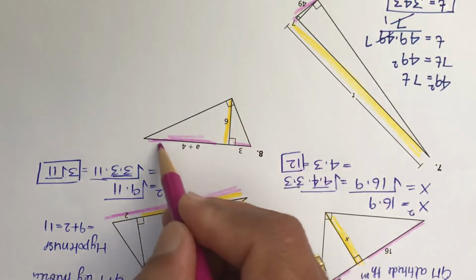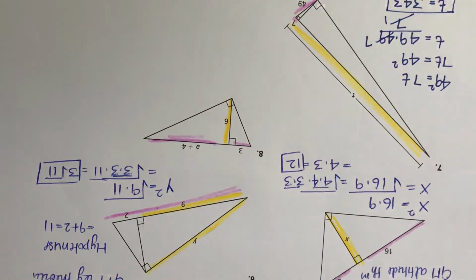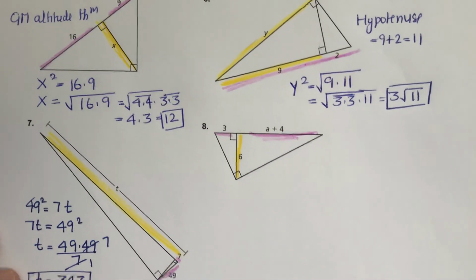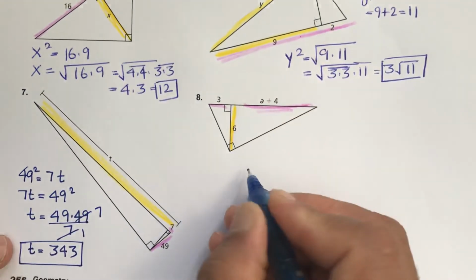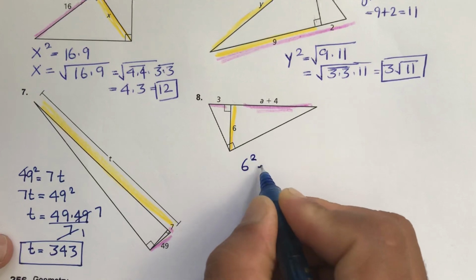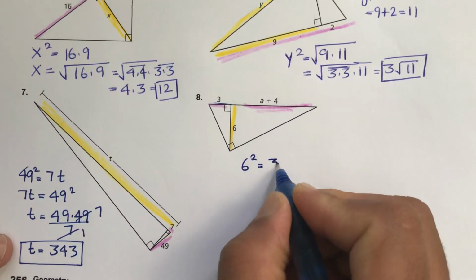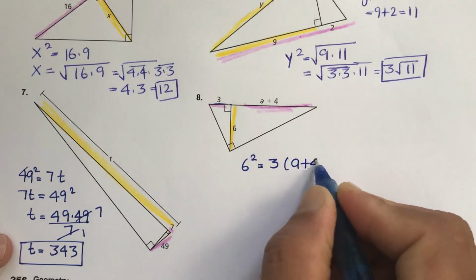So this square is this times this. We say this 6 square is what? Part times this part times this part. So 3 times a plus 4.